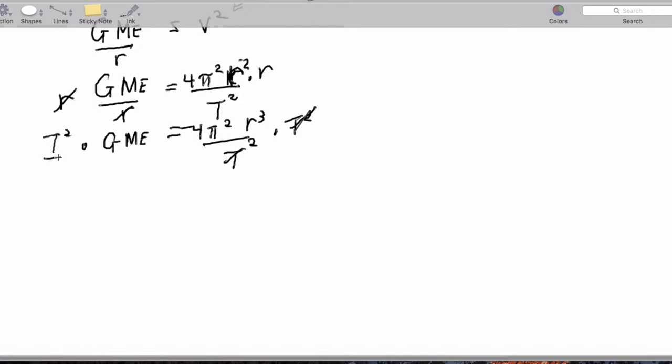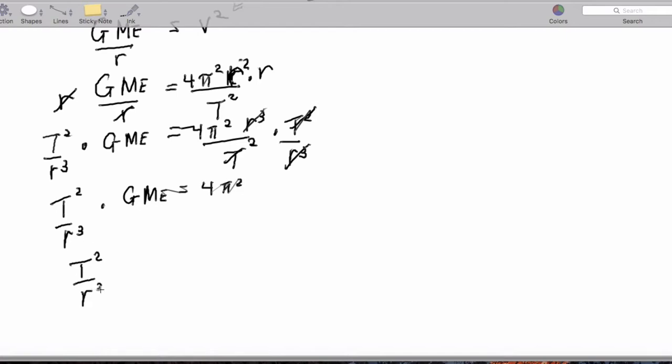We'll divide both sides by r cubed. So we end up getting T squared over r cubed times G, mass of the Earth, is 4 pi squared. Finally, we get T squared over r cubed for the moon is 4 pi squared over G times mass of the Earth.